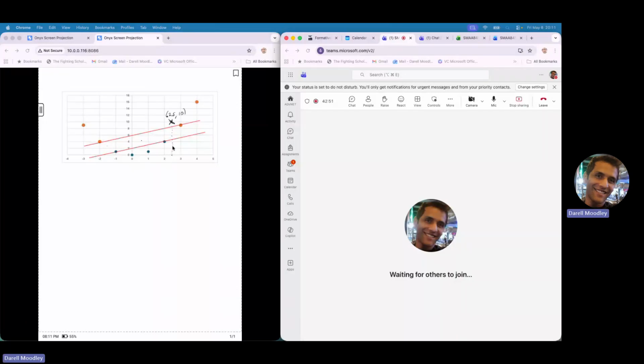Now, what the kernel is used for here is you have these points on the one margin for the orange dots. These are what we call support vectors. So what the kernel does is it works out the distance between this new point and that support vector, and then this new point to that support vector. So this distance, I'm just going to mark it as 1.